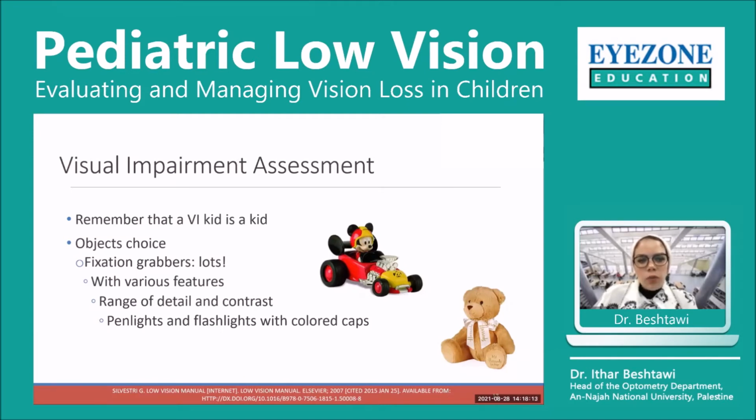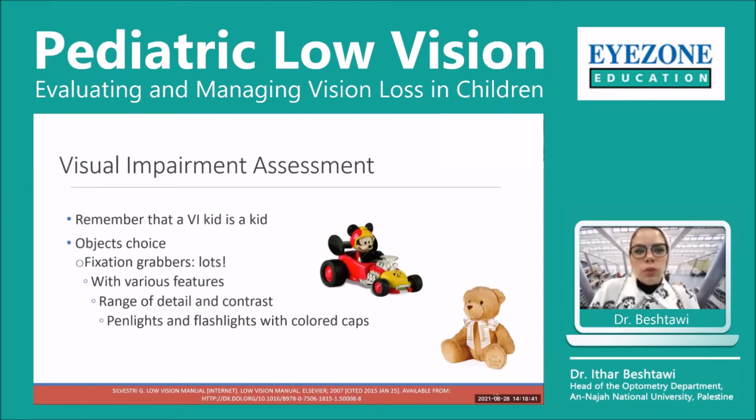So when trying to perform testing, remember that the visually impaired child is a child. So toys will be useful to keep the child happy and paying attention to what you want him or her to do. Use fixation grabber toys. They are widely available with various features and a range of details and contrast.